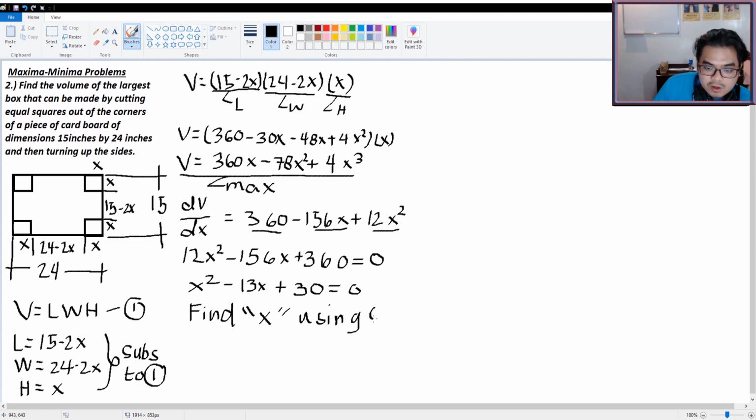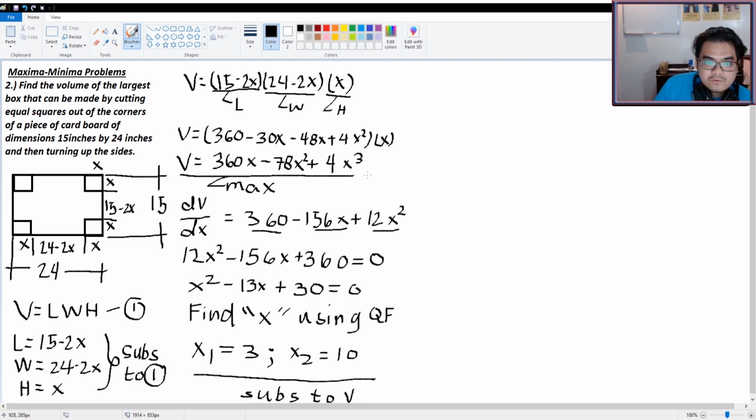Using the quadratic formula, your x1 will be 3, and your x2 now will be 10. So substitute both of these to the value of the volume. Again, the value of the volume is this one. We can use this.